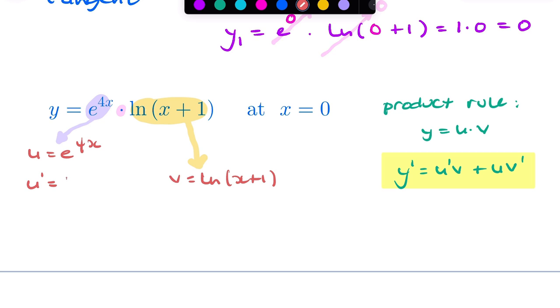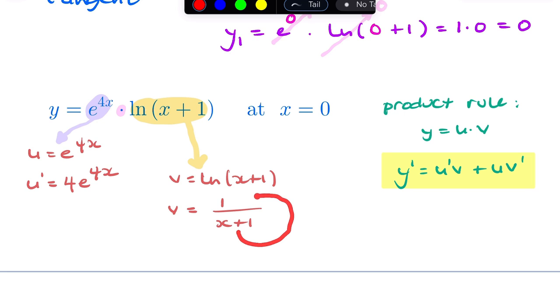So that gives us 4e to the 4x. Now the derivative of ln is simply 1 over x plus 1, but then again we use the chain rule and multiply by the derivative of x plus 1, which is 1. So now we have u dash, v, and v dash.